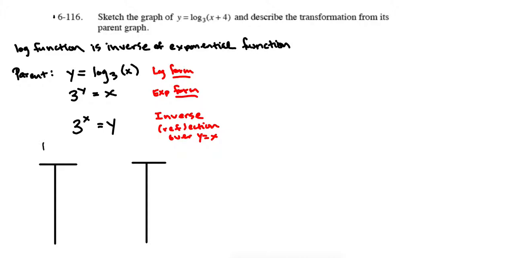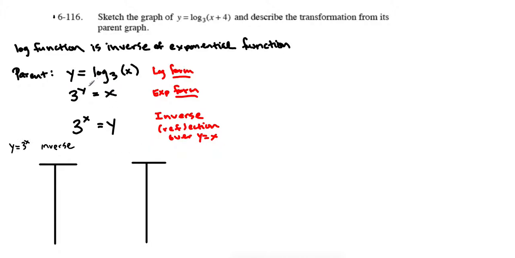So this is going to be my parent function. Actually, let's move that. Let's do our inverse one here on the left. This is going to be our inverse. And by that I mean this is y equals 3 to the power of x.